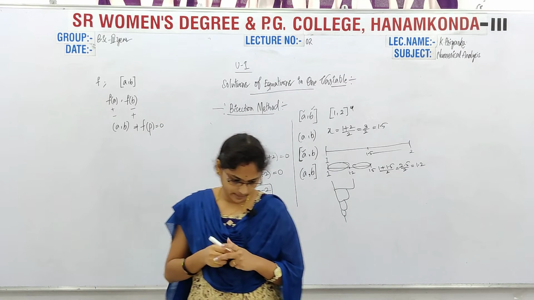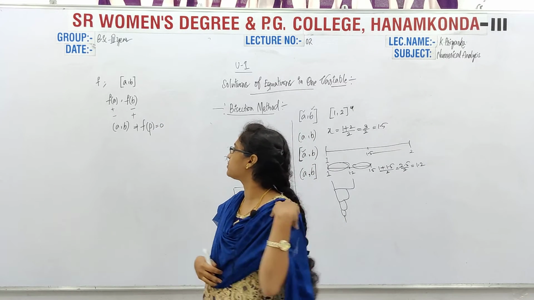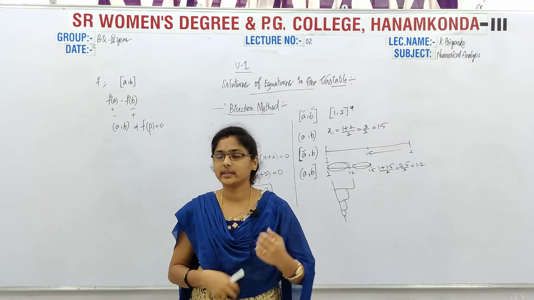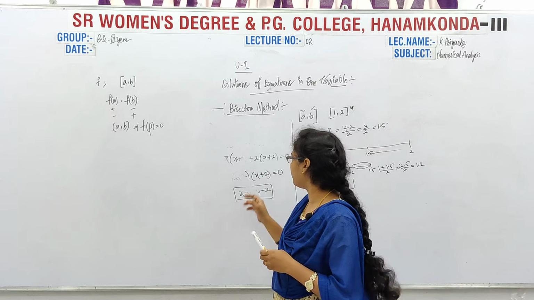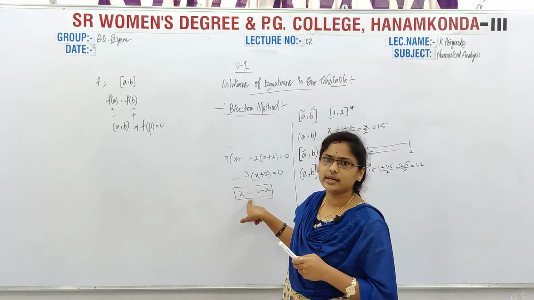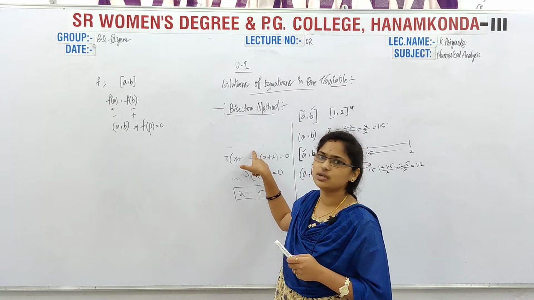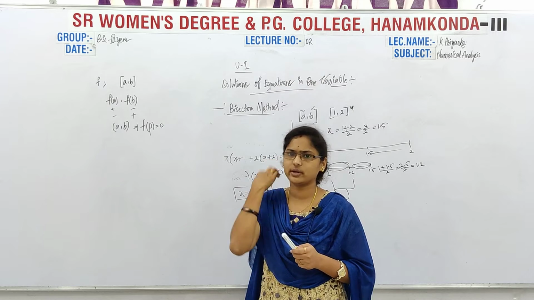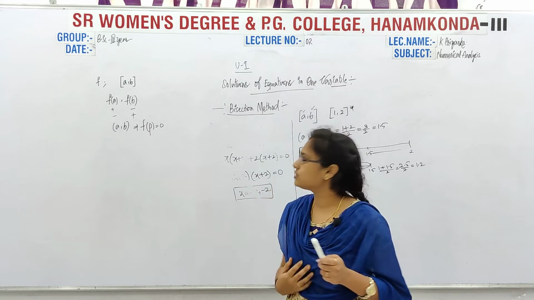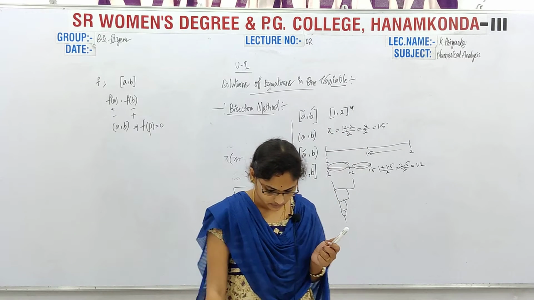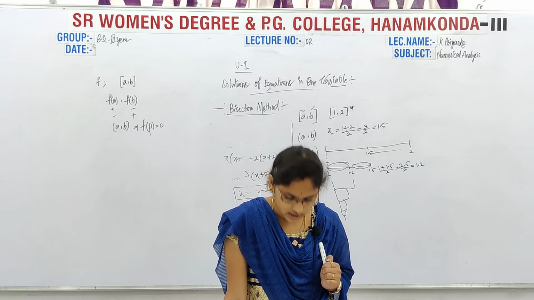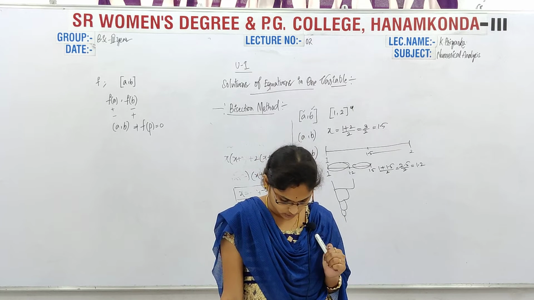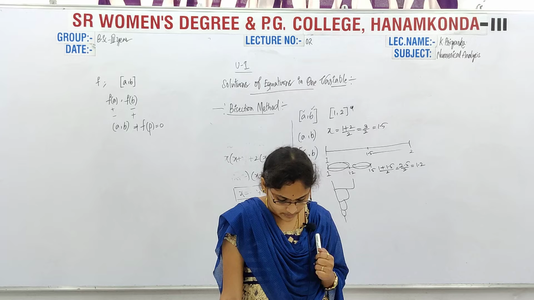We take the point as p, and by substituting this p, we have to get the value 0. Here I have x equal to minus 2, and if I substitute x equal to minus 2 in the equation, obviously we get 0, no? So that's what they are saying. P exists in open interval a comma b with f of p equal to 0. That is the intermediate value theorem.